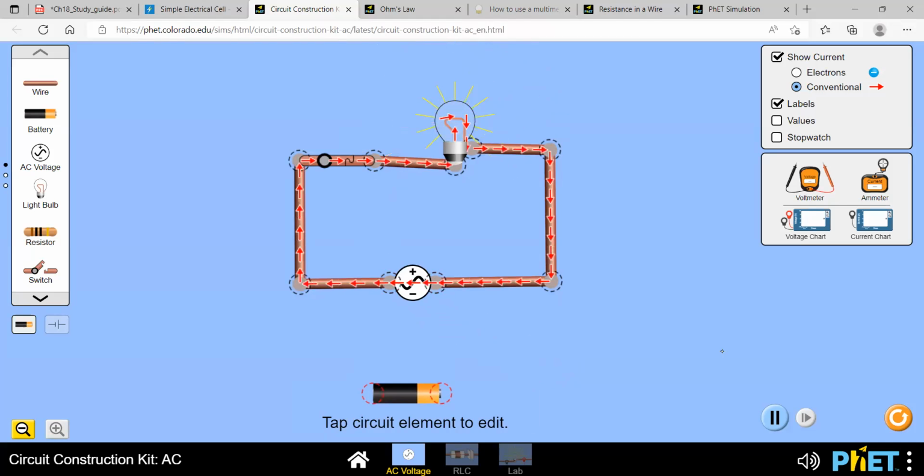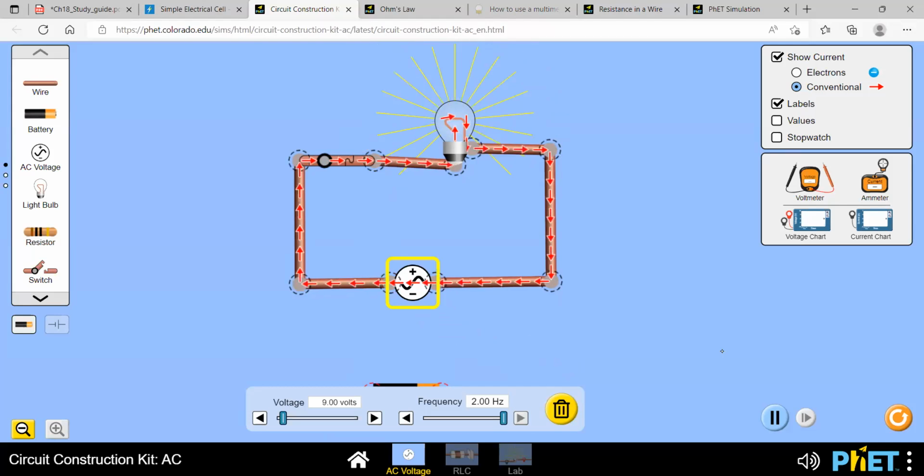Here you see that the frequency is 2 hertz. That means it changes 2 times in 1 second. Now you may ask why we cannot notice this in a household bulb. Here we can understand that it is changing its direction, and the glow goes in one direction at one time and another direction at another time.